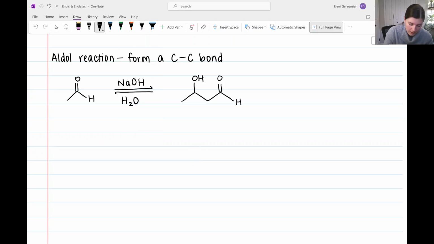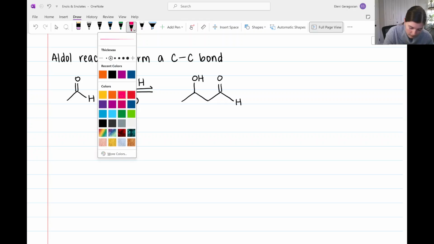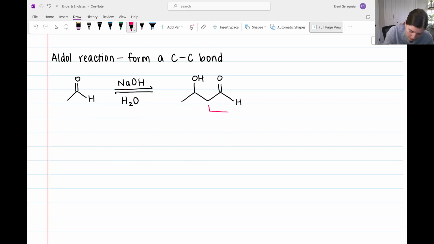So this part of the molecule has an aldehyde functional group. It looks very similar to the starting material, but we have this new carbon-to-carbon bond from the alpha carbon to the original aldehyde.